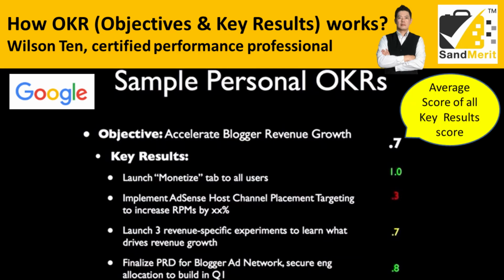Then, at the end of each quarter, each key result will be evaluated on a scale of 0 to 1. So, the objective score will be the average of all the key results.